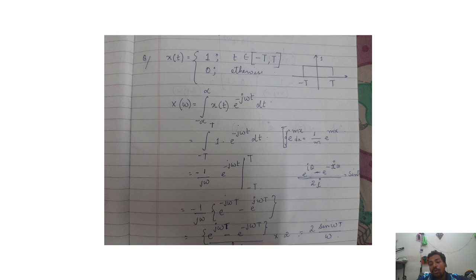Okay. Now just replace. Consider e to the power i theta minus e to the power of minus i theta divided by 2i. You just write e to the power i theta in terms of cos theta and sine theta and see what you get.